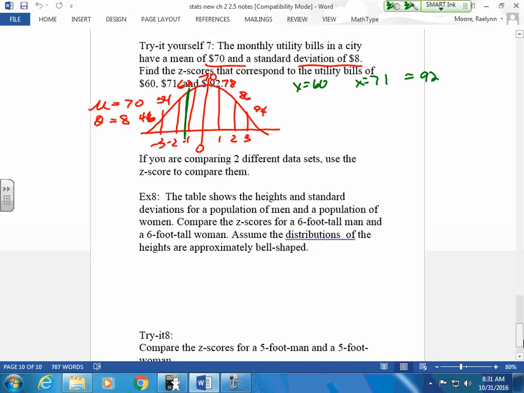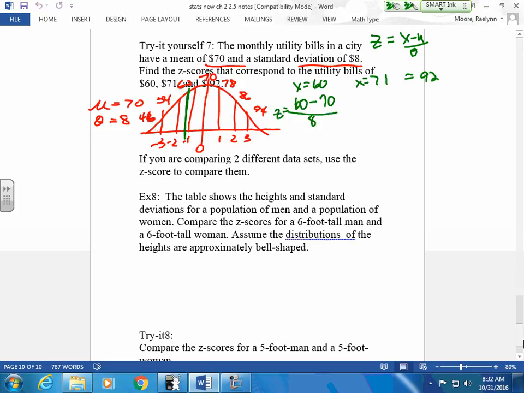A negative. So if I forget which way to subtract, is it the population mean minus the x? Is it the x minus the mean? I want to subtract so that it's negative, don't I? So therefore I want to subtract the smaller one minus the larger one. My z-score says x minus the mean over the standard deviation.